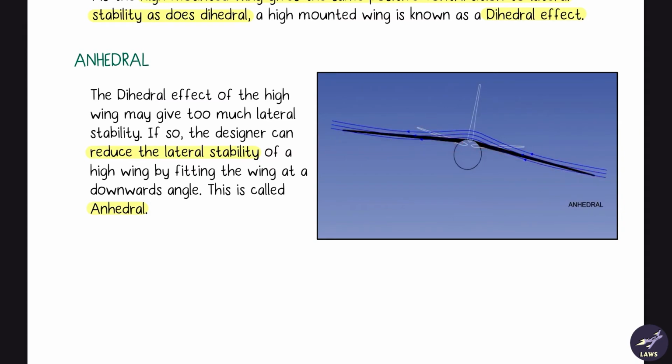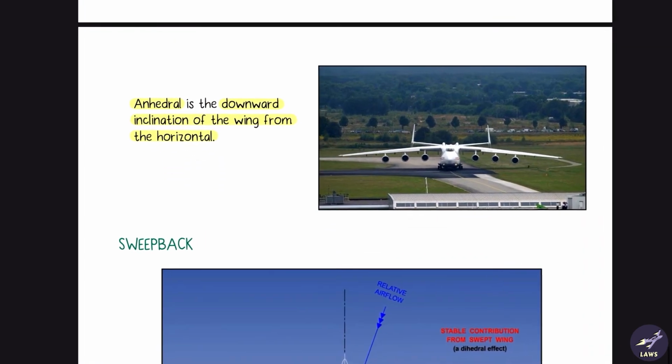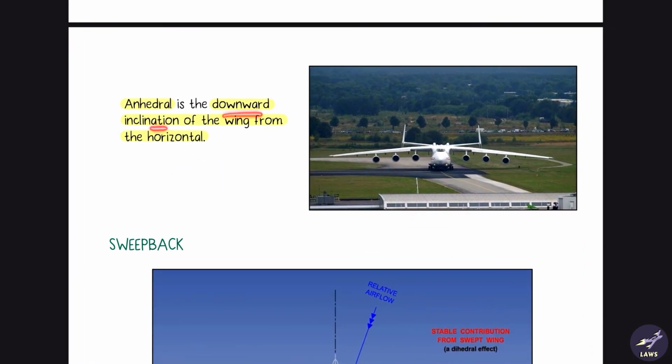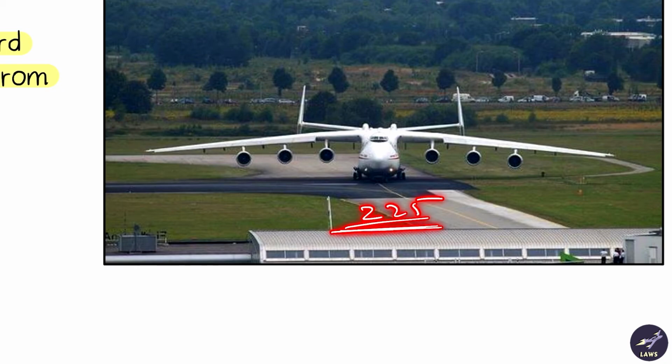So in case of dihedral, it was an upward inclination of the low mounted wing. So it is the downward inclination of the wing from the horizontal. So here we have an example of the Antonov 225. Okay, I guess the biggest aircraft that has been produced till now.